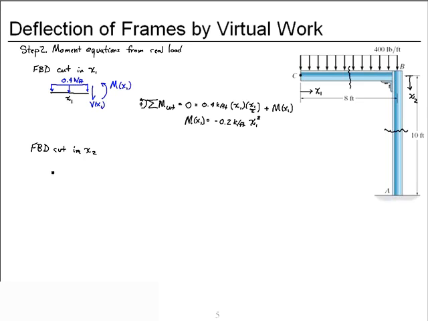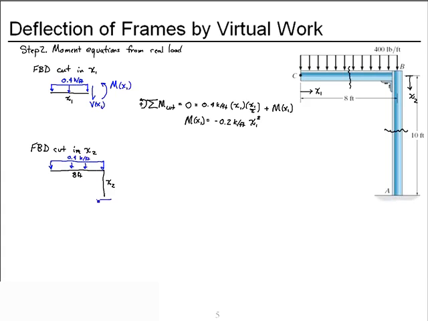I'll keep the entire top piece, so it is x2 tall, 8-foot cantilevered arm, uniform distributed load of 0.4 kips per foot.